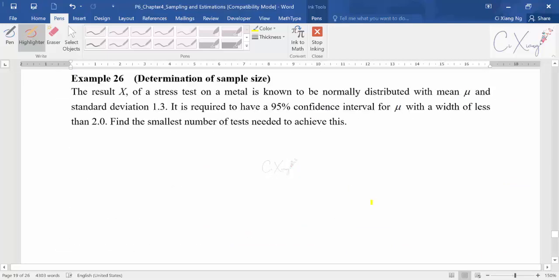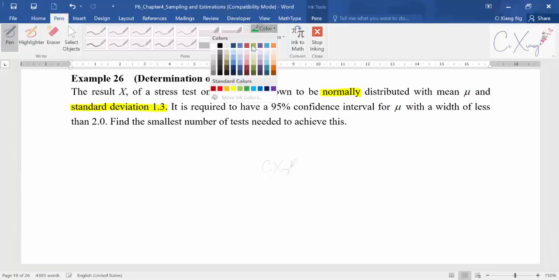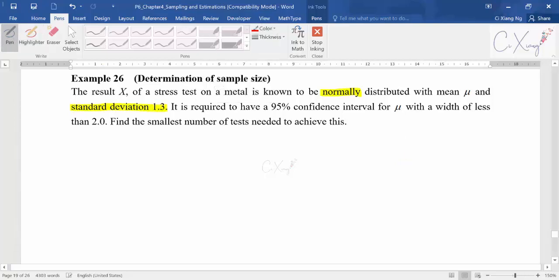Okay, so example 26, this question, they actually want you to use the concept of confidence interval to determine the sample size. Alright, so you can highlight all the keywords first. First, you see the words normally distributed, so it means the population is normal. And then the standard deviation is 1.3, so that means the population variance is known.